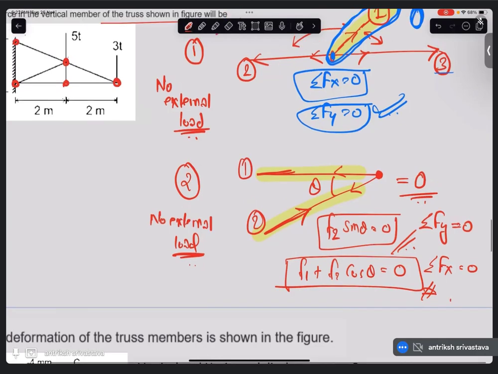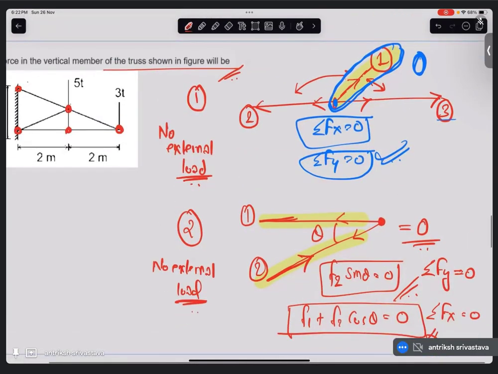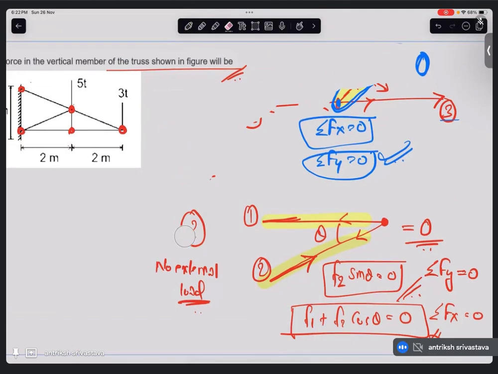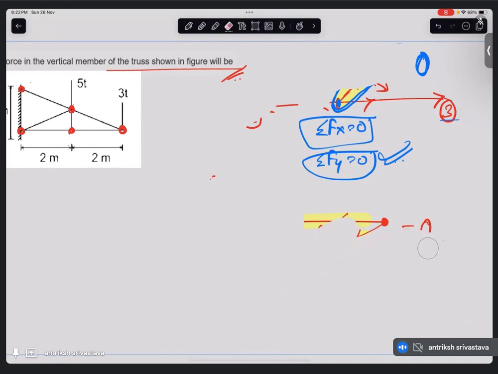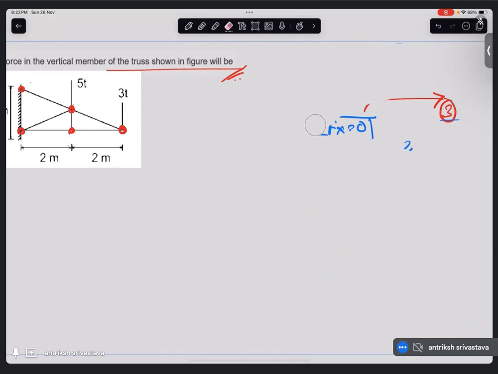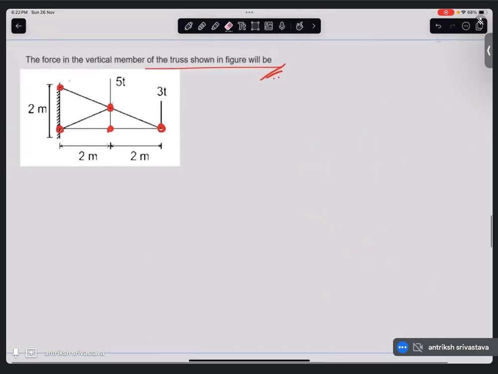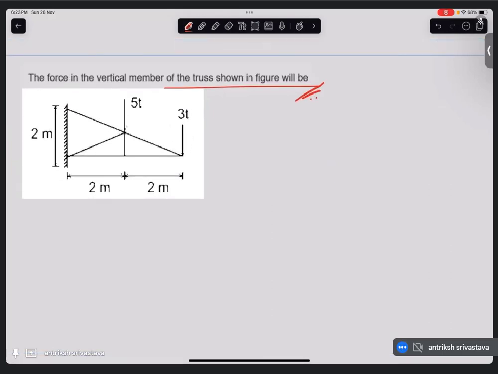Simple. So now that you know these two concepts, which I had also forgotten, when I first looked at this question, I actually started solving it, and it gave me a lot of problems. But if you know these two concepts, then just by looking at this question, you can see that this is a point where two coplanar members are meeting.